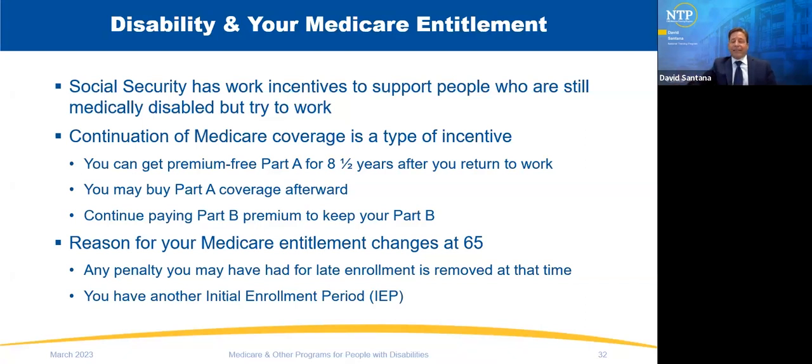For example, if they didn't enroll in Part B, or if they were paying a penalty for Part B, that penalty will go away automatically. If they were not enrolled in Part B, they will be enrolled automatically, and then they will have an opportunity to decline Part B if they so choose. Again, this is a brand new initial enrollment period.